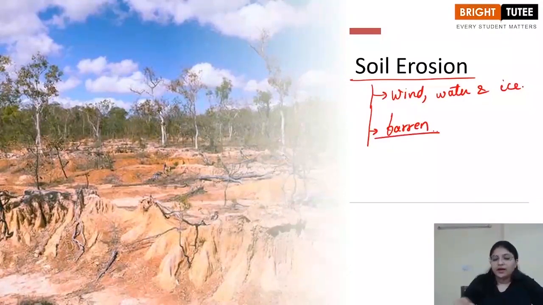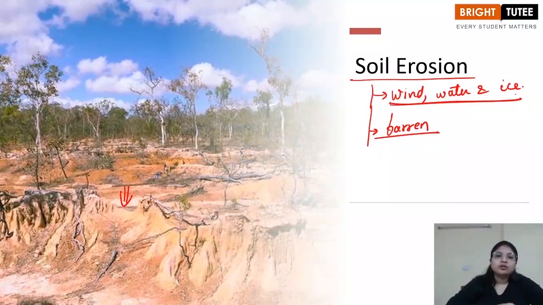Barren means they do not have vegetation covering. Why is it seen mostly in barren areas? Because the roots of the plants are helpful in binding the soil together. But in barren land there are no roots binding the soil and it becomes exposed to all of these natural phenomena, causing the erosion of the topsoil.